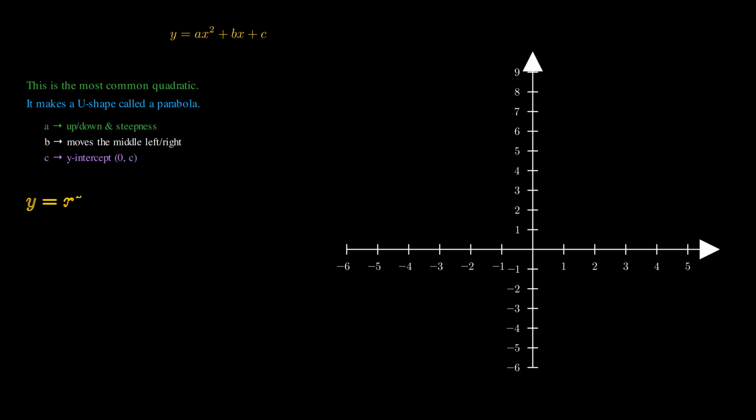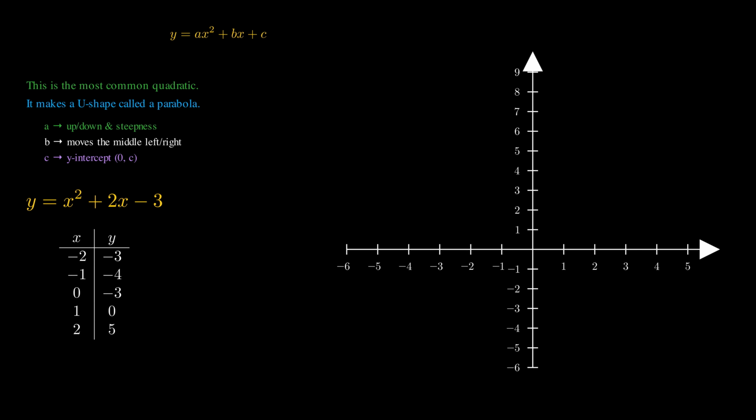Now let's graph our first equation. Y equals x squared plus 2x minus 3. I choose x values near 0. This keeps the math easier and helps capture the shape. I plug in x equals negative 2.